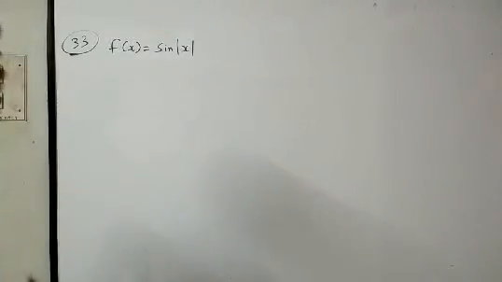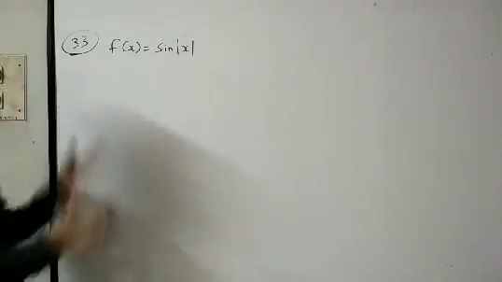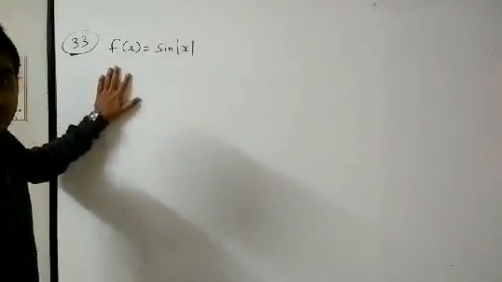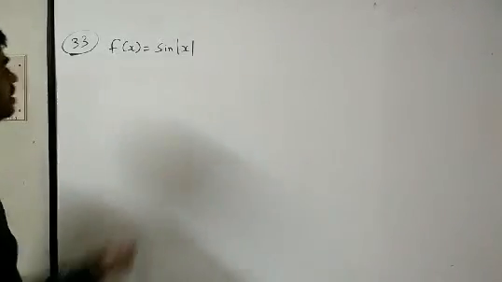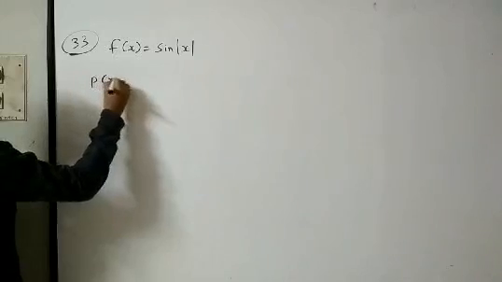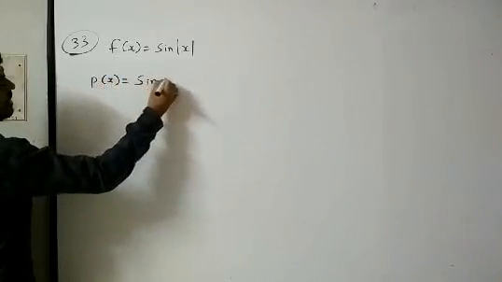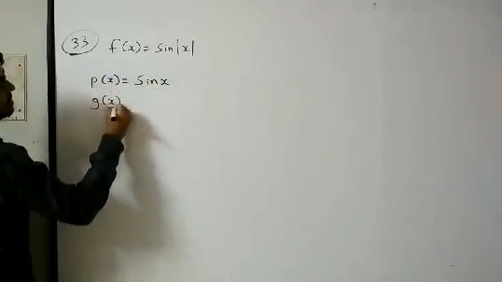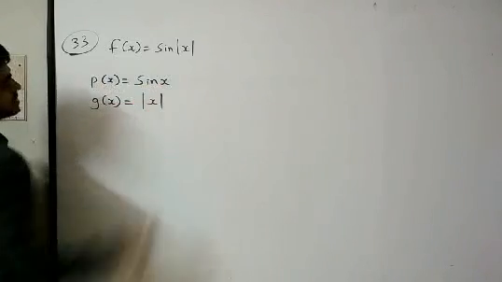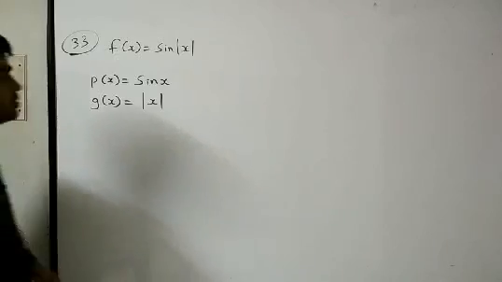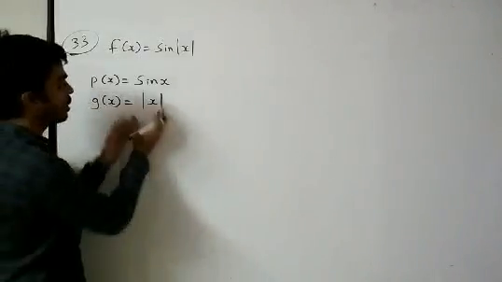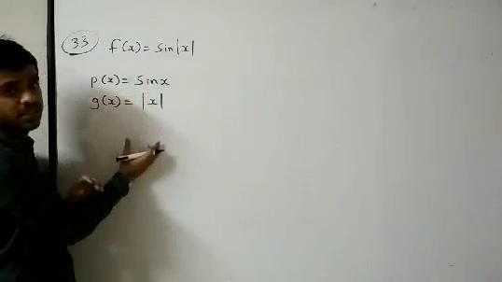We don't know if it is continuous or if it is not continuous, discontinuous. It can be continuous also or it can be discontinuous also. So let us check. Now let p of x be sin x and q of x be modulus x. डिफरेंस समझना, जो इसके प्रीवियस का क्वेश्चन था मैंने मॉड्यूलस पहले लिखा था x और नीचे cos x लिखा था. क्यों?